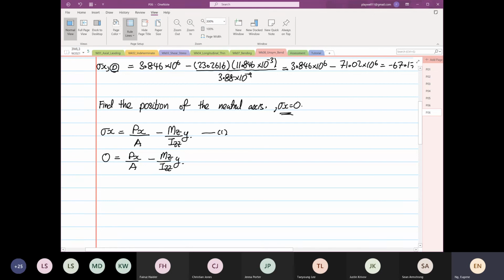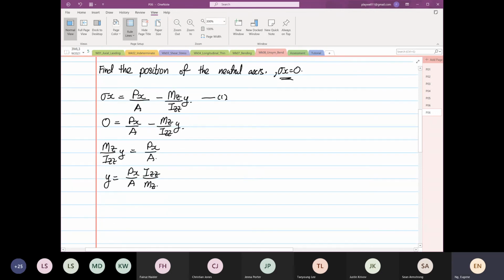So over here, you will have Mz over Izz multiplied by y is equal to Px over A, so y is equal to Px over A times Izz over Mz. Now we are going to plug everything in.